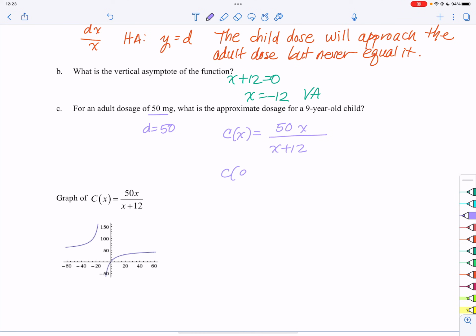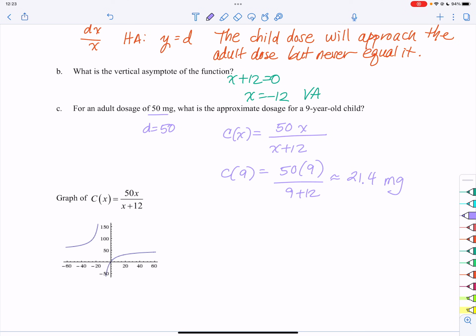Well, now we want to find C of 9. And we'll get approximately 21.4 milligrams.